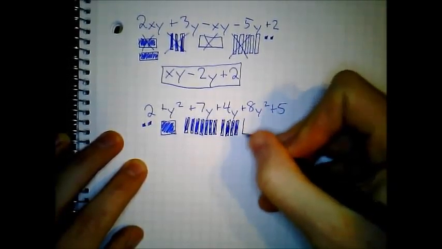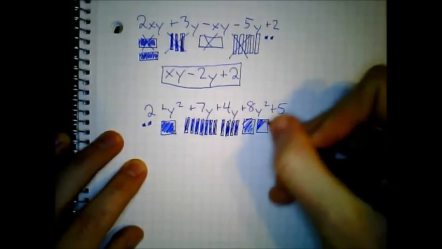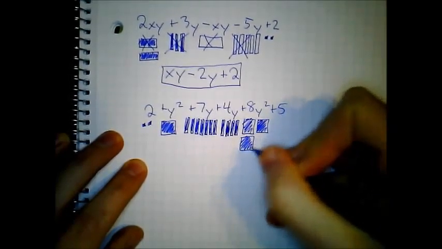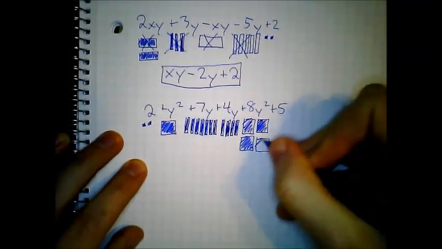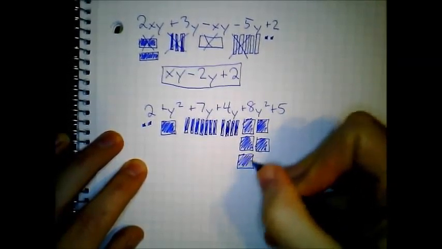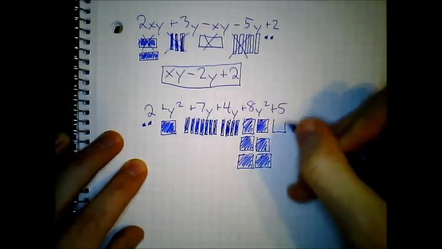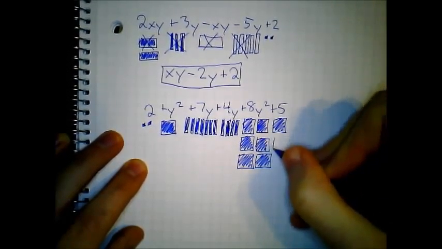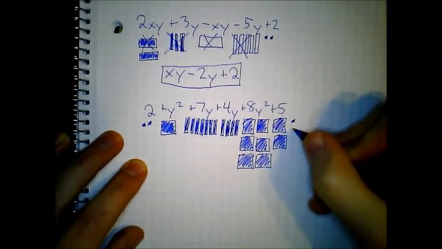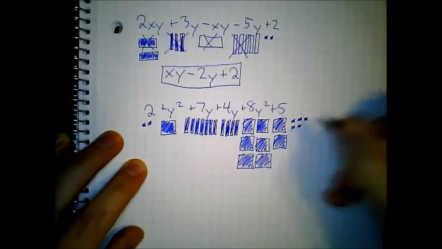Eight y squared tiles. And 5 more unit tiles. And they're all positive, that's why we shaded everything in.